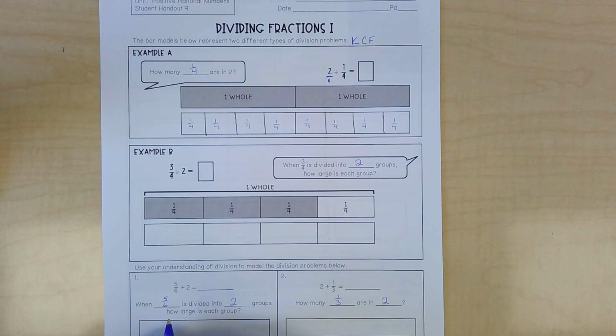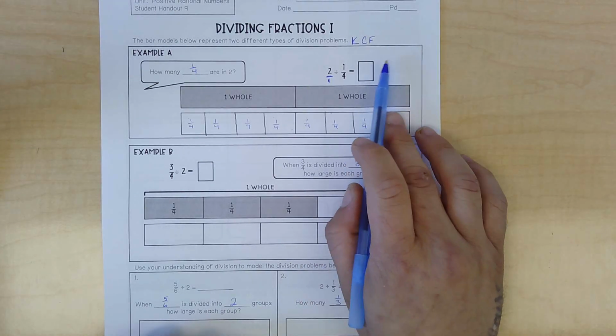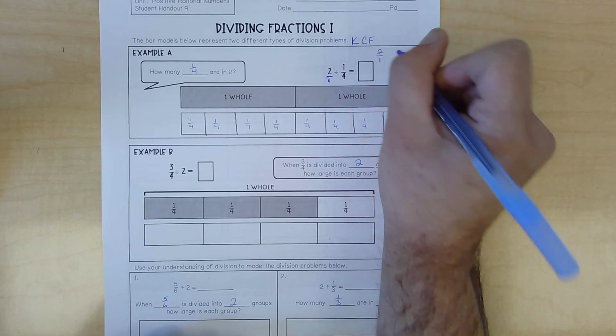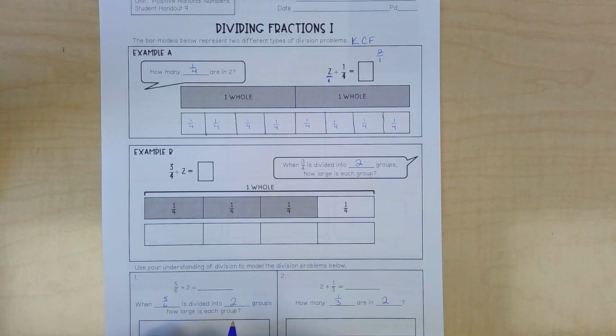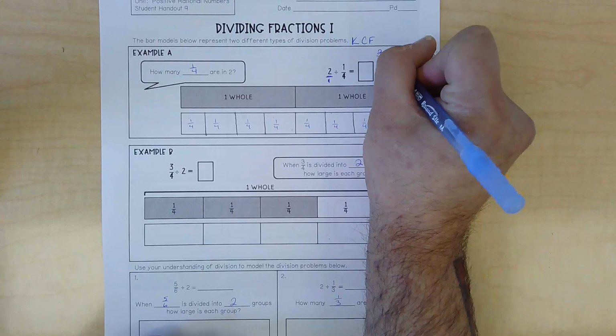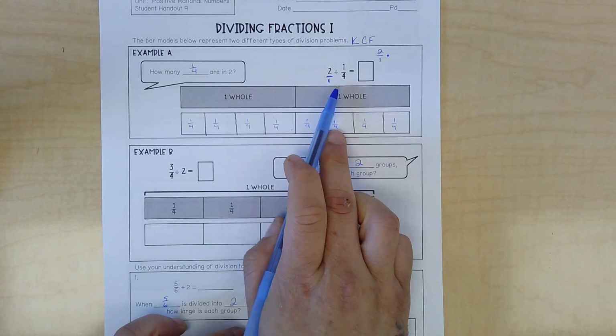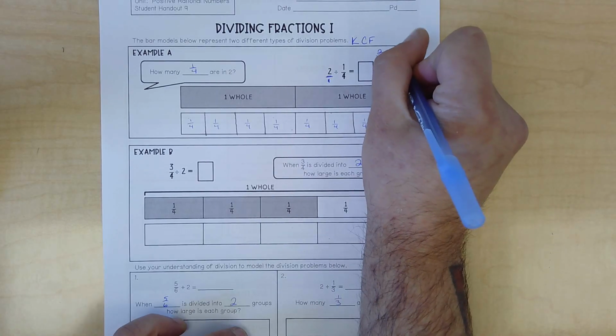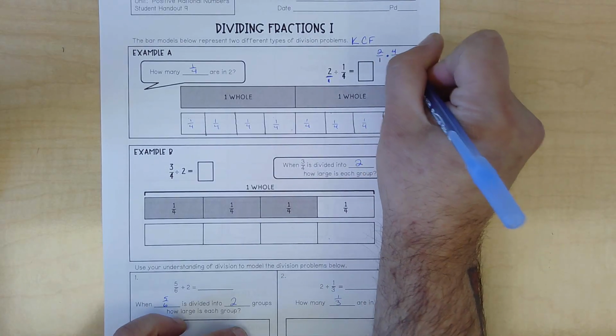Now, the thing we're going to keep is that first fraction, okay? We're going to keep that first fraction, and I'm going to end up rewriting it over here. So I'm going to keep that first fraction at 2/1. I'm going to change my division sign to multiplication, and I'm going to flip the second fraction so that it's not 1/4, it's actually 4/1.